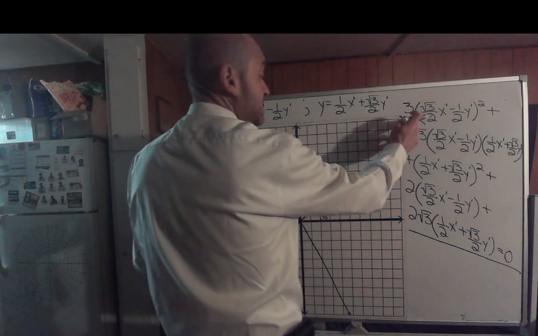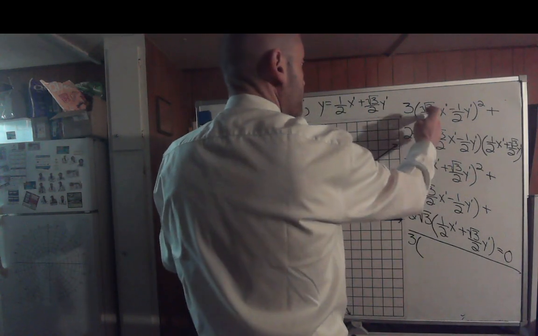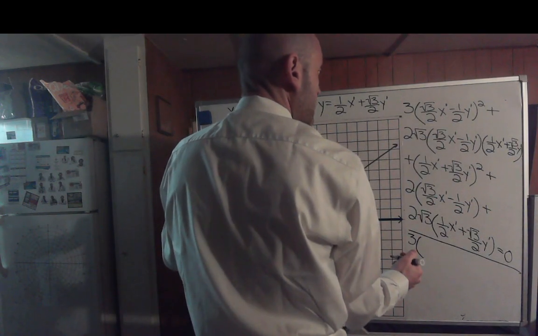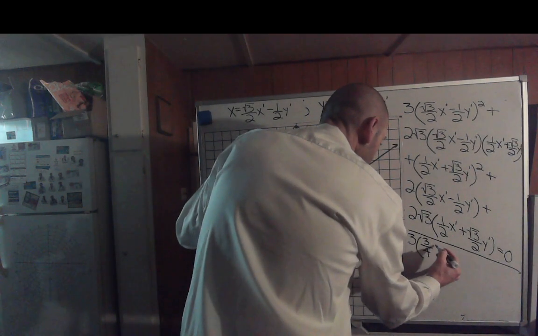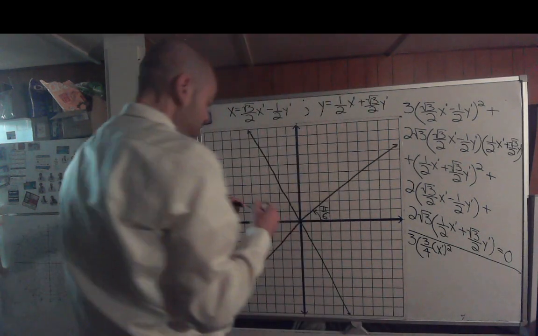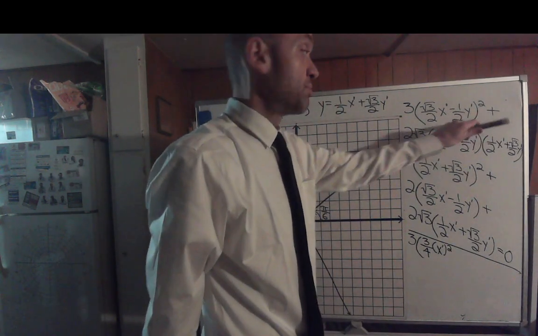Well, 3 times this value squared, so that's going to be 3 times square root of 3 over 2 x prime squared. That would end up being 3/4 times that x prime squared. Now I just got to take these two terms, multiply them together, then multiply them by 2.